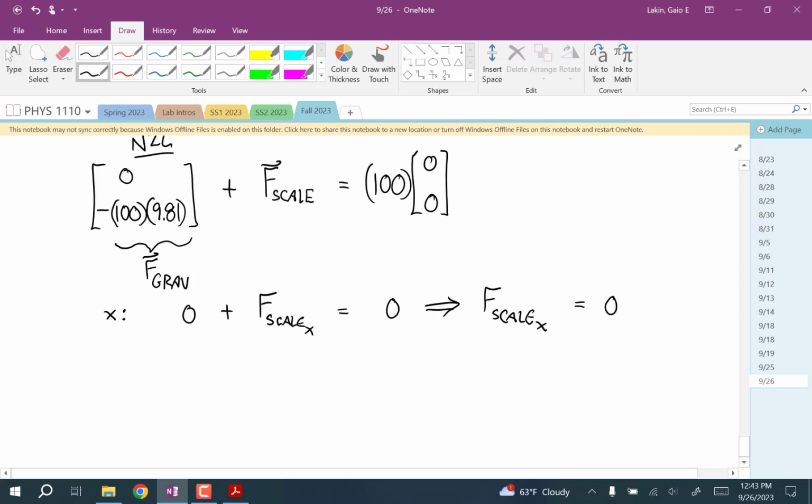And now we'll go to the y equation. That says negative 981 plus the y component of this scale force is equal to 100 times 0, so 0. Add 981 to both sides, and you get that the F scale y component is equal to positive 981 newtons.